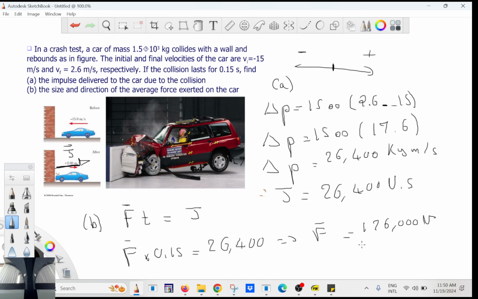Okay? Newton second, that's the unit for impulse, the same thing. Agree? Yes. So if you work in a circus, and if it's cement here, of course, you're going to be in parts.